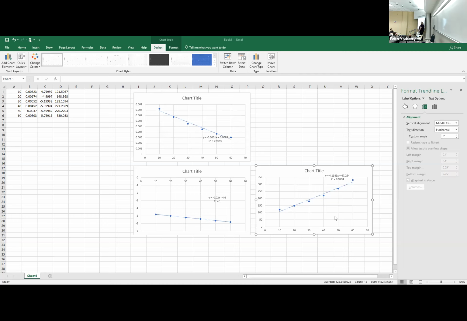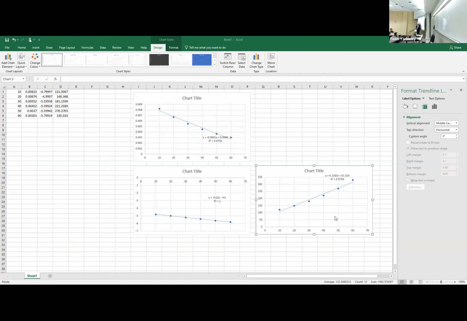I then did a fast graph. Obviously, these are not the way I would turn it in, but it does for the purpose of what I need. I did a quick graph, and in this, I'm looking at my R squared. So if I just graph time versus concentration, I wound up with an R squared of 0.9795, I think is what it says up there.